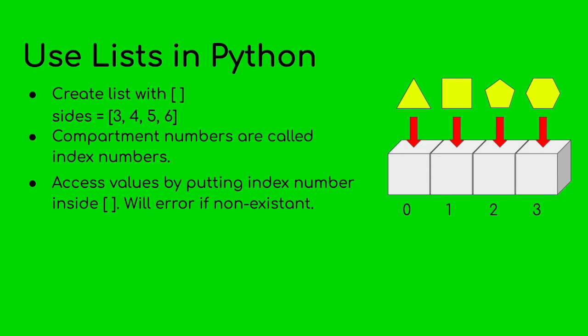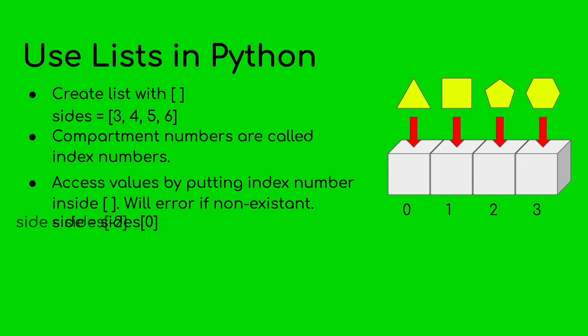That would be like putting 5 inside of the square brackets, even though the length of your list is only 3. So this is an example of accessing a value in the list.